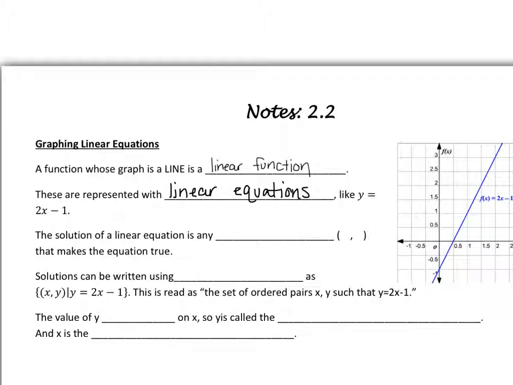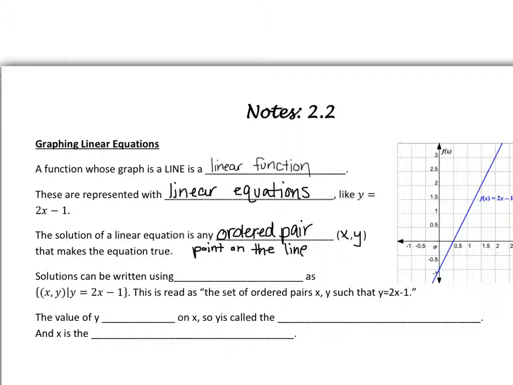The solution of a linear equation is any ordered pair, which are x, y, that makes the equation true, which basically means any point on the line.